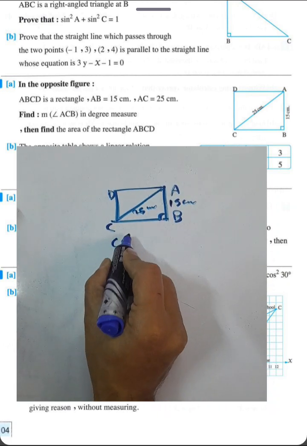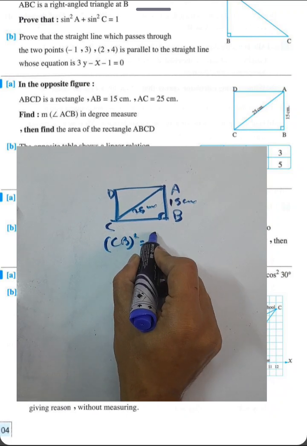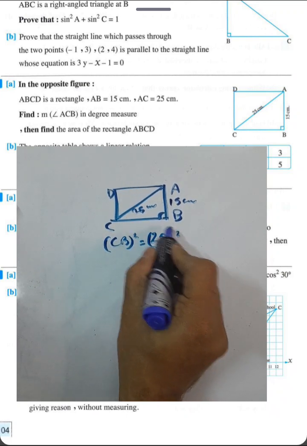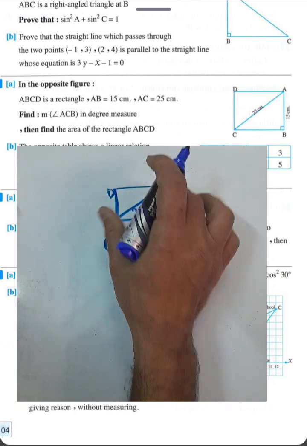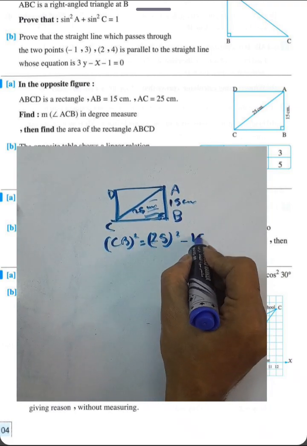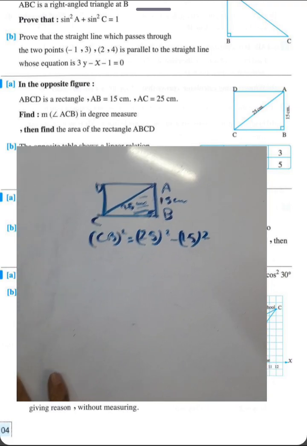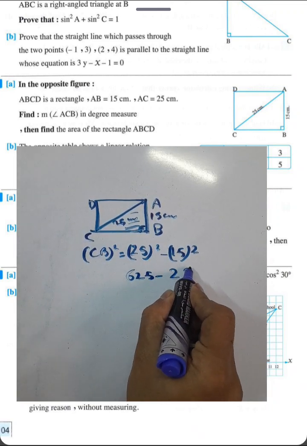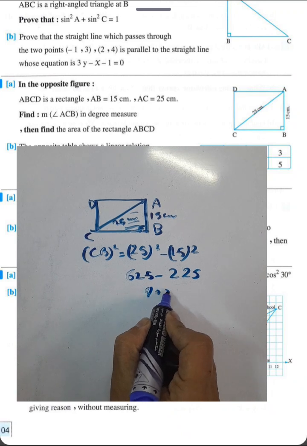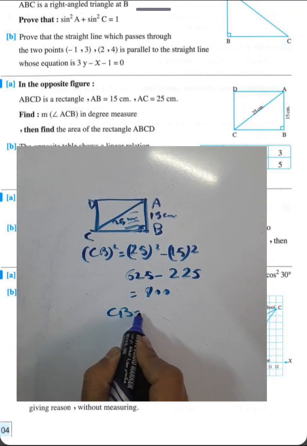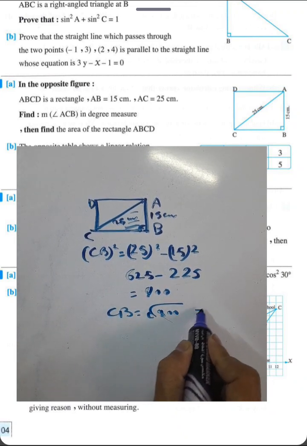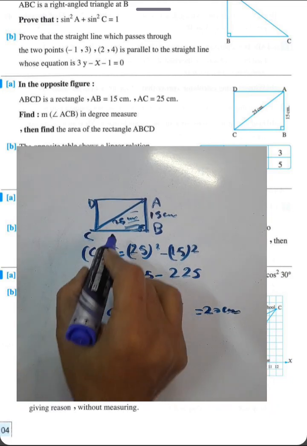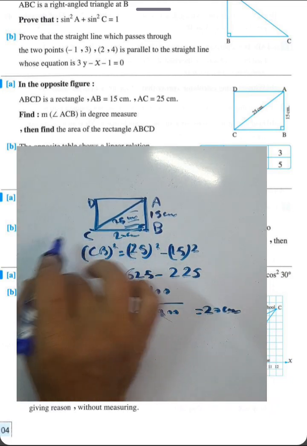We can find CB power 2 equals 25 power 2, the hypotenuse here, subtract 15 power 2. 25 power 2 is 625, subtract 225, gives 400. Then CB equals the square root of 400, which is 20 centimeters.